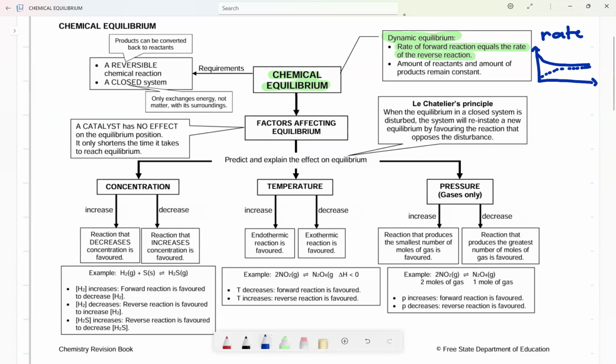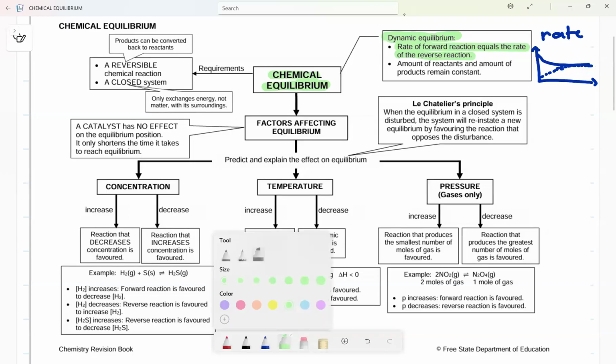Now, I want you to see something here. At this point here, can you see? This is what we refer to as the state of equilibrium. If this is the rate graph, this is the point where the rate of the forward reaction equals the reverse.